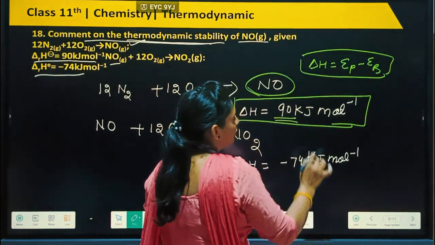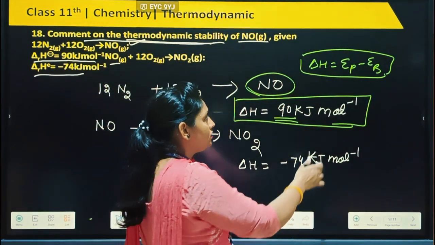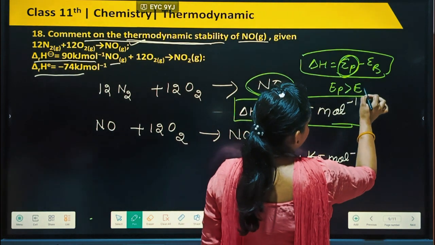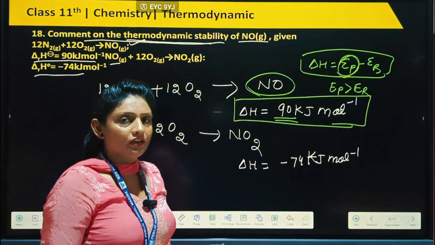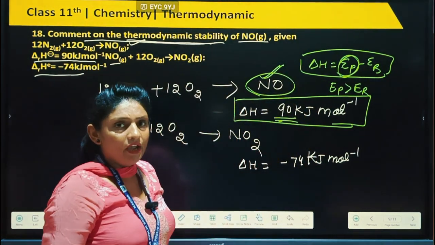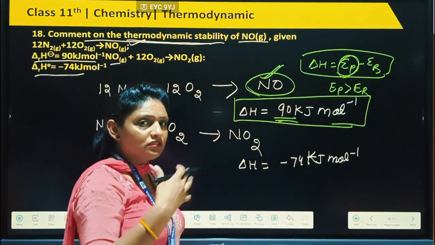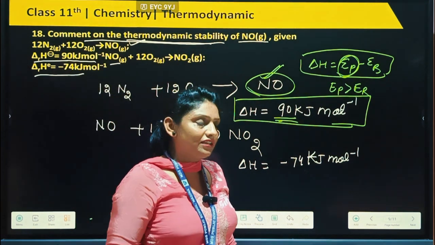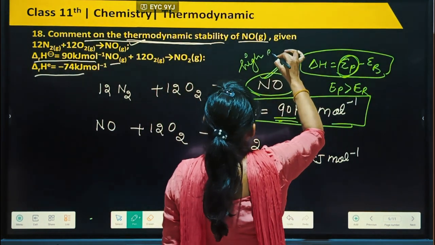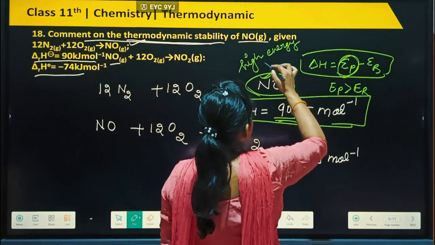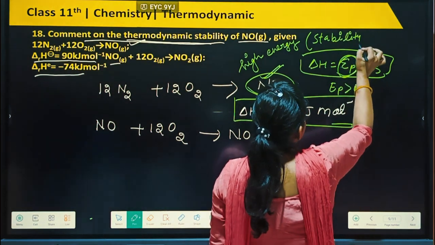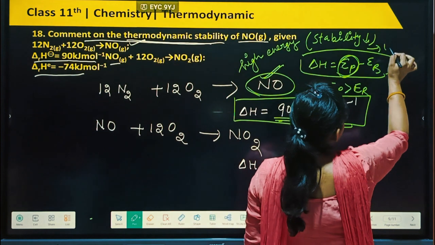Here we have a positive value, which means the enthalpy of product is greater than that of reactants. It has more energy, and you know very well, if energy is more, its stability is less. So because it has high energy, its stability decreases. It is less stable, or we can say it is unstable.